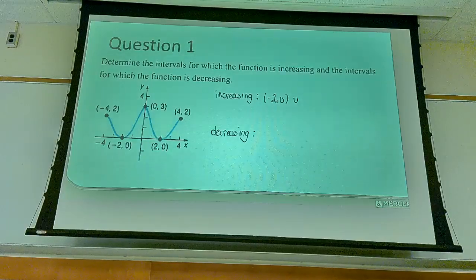In this case, those are not ordered pairs, they're intervals. So you go from -2 to 0 increasing, and then again from 2 to 4 along the x-axis. That's all we're looking at. Decreasing.